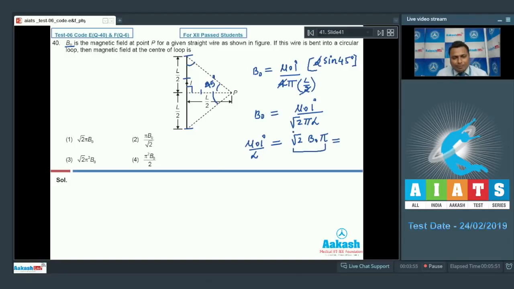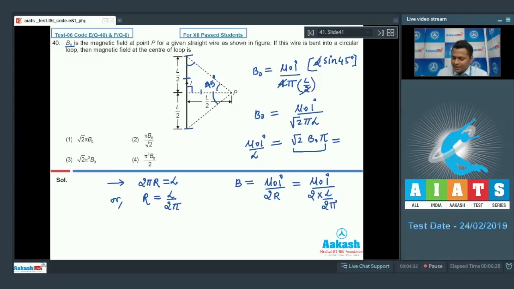Now this wire is bent in the form of a circle, so we get a current carrying circular loop whose radius can be obtained as follows: circumference will be directly equal to the length of the wire, and therefore the radius of the loop will be given by L by 2 pi. We know the expression for magnetic field due to a current carrying circular loop at the center is mu naught I upon 2 times r, which can be further written as mu naught I upon 2 times r equals L upon twice pi.